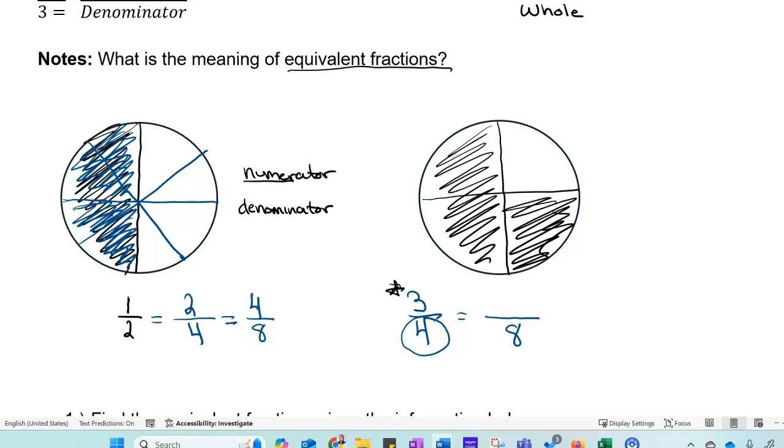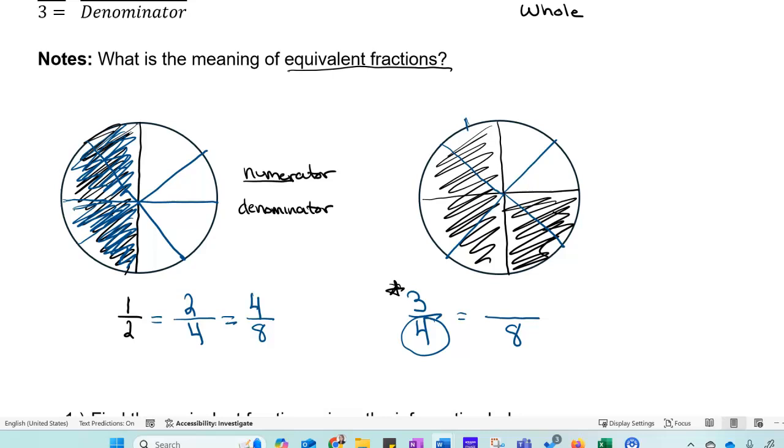Now, what if I did a denominator of 8? So that means I need to cut each of these into 2, right? I'm doubling the number of pieces that I have. So there's 2, 4, 6, and 8. Now to figure out the numerator, I am going to count how many shaded pieces I have when I've cut the whole pie into 8 pieces.